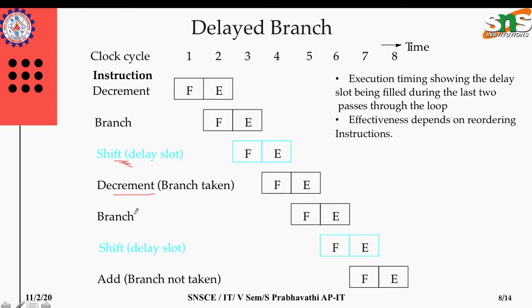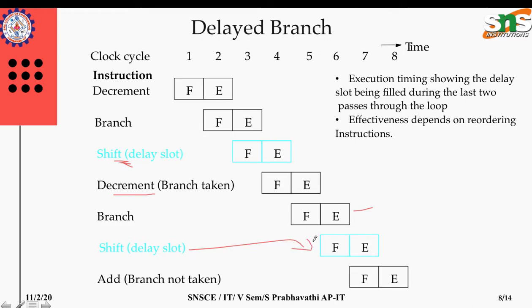So the branch will calculate, and here the loop fails and it needs to fetch the add instruction. In that case, the shift is happening even though the condition here has failed, as usual. The shift should happen two times, is it not?